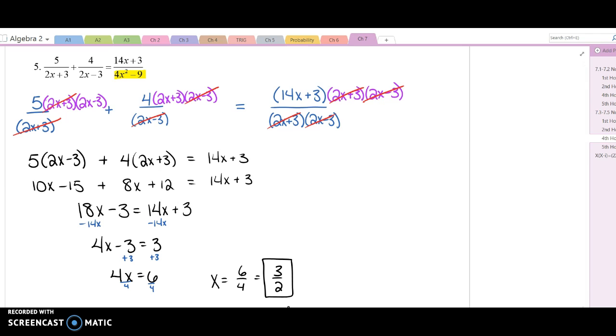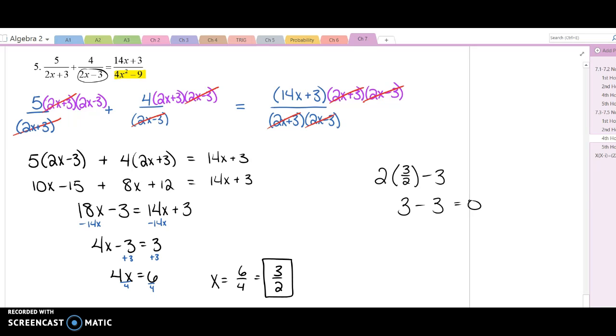Now, when I check 3/2 in the denominators, the one that I'm the most concerned about is 2x minus 3. If I plug this in to 2x minus 3, 2 times 3/2 is 3, and 3 minus 3 is 0.